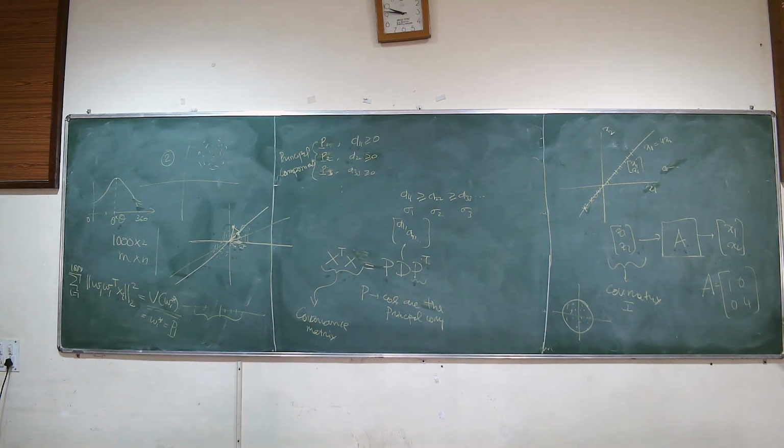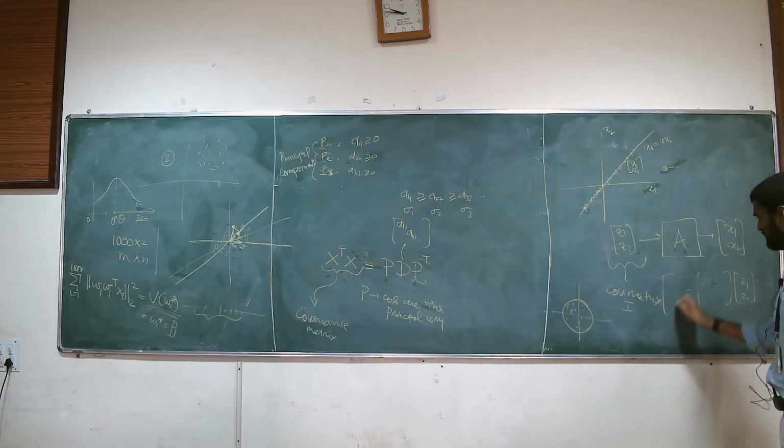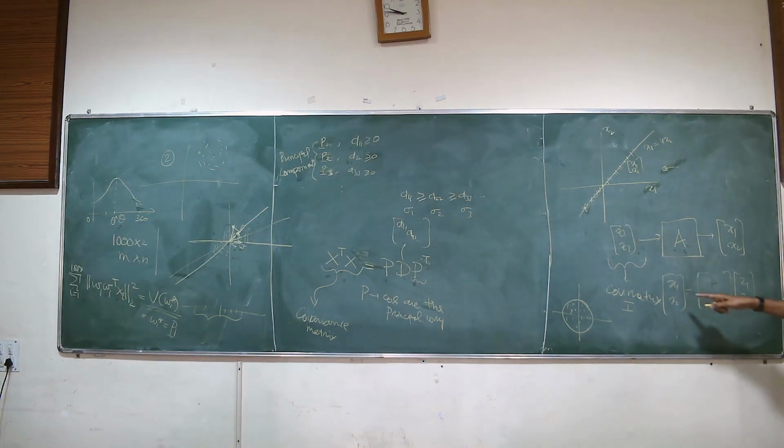Here, I'm saying Z1, Z2 goes in, and that produces x1, x2. x1 and x2 are related in such a way that x2 is always 4 times x1. So what should be my A matrix?